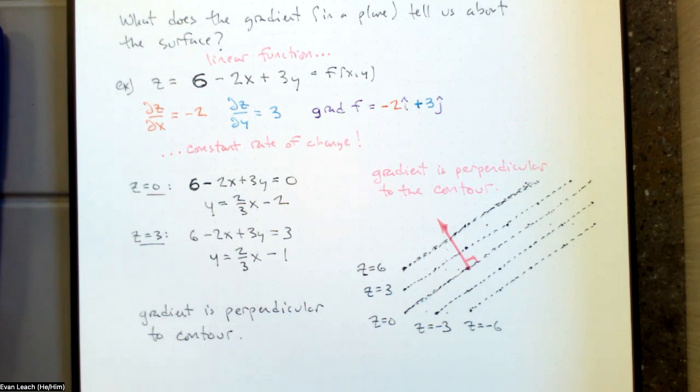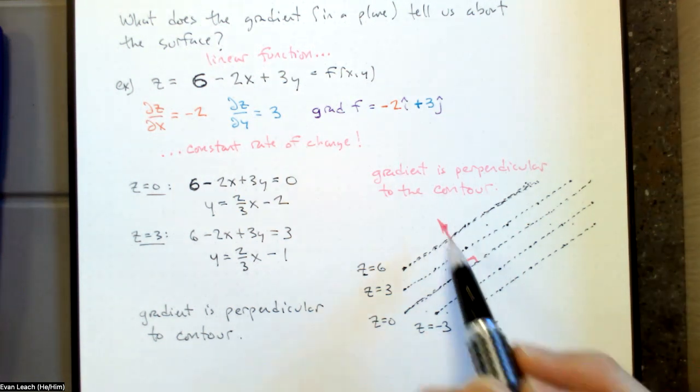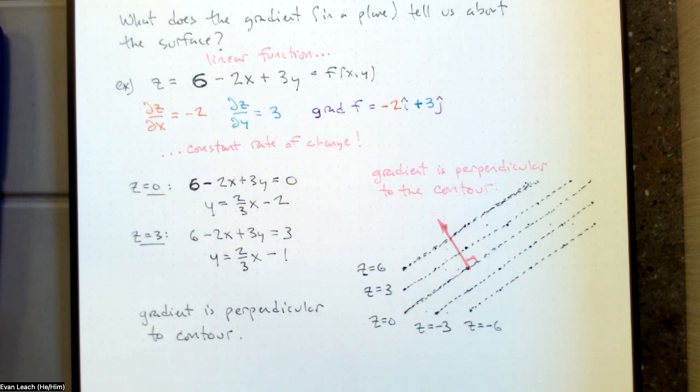The gradient is perpendicular to the contour. Notice that the gradient is pointing where z is increasing. In the direction of the gradient, z is increasing. The gradient is pointing in the direction of increase.